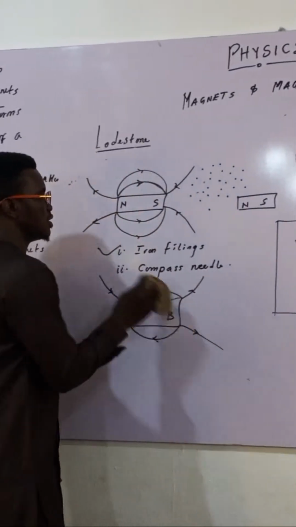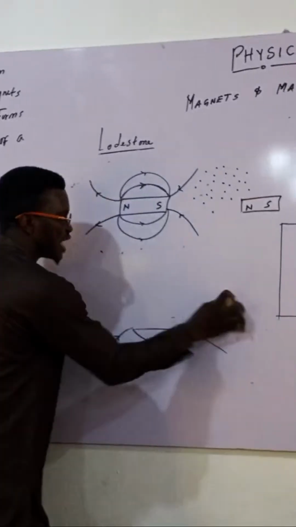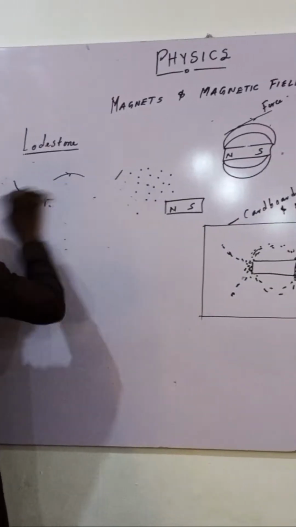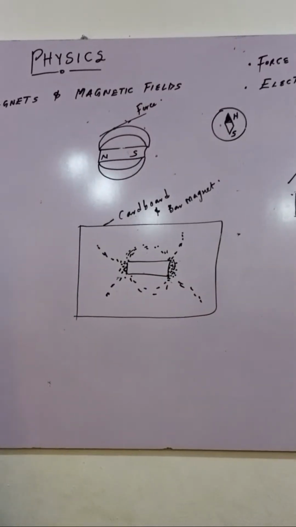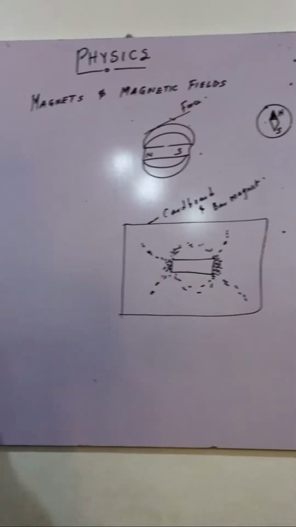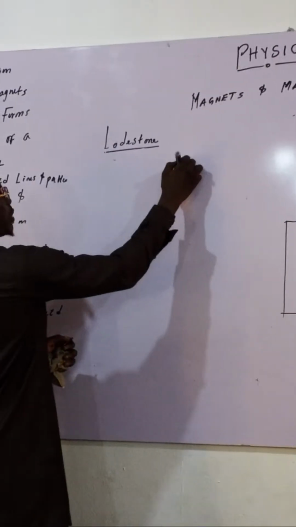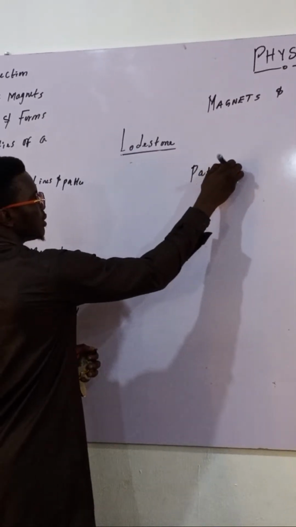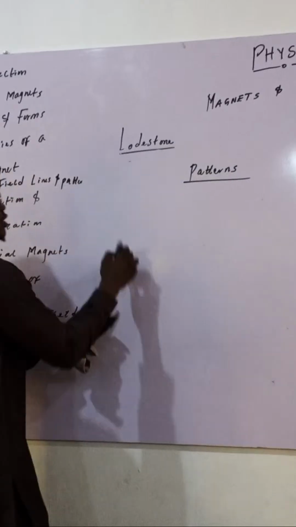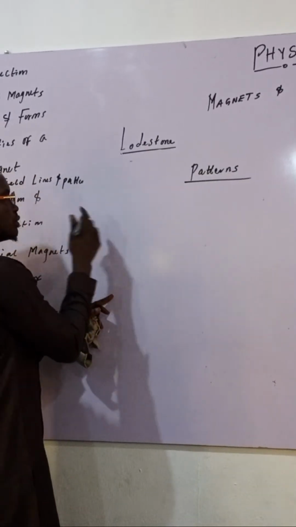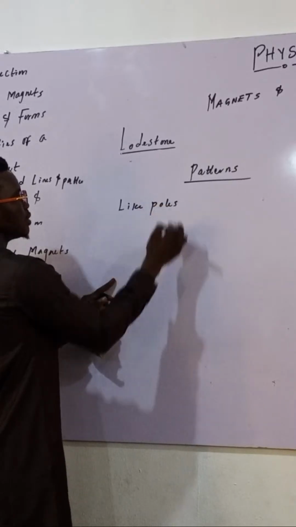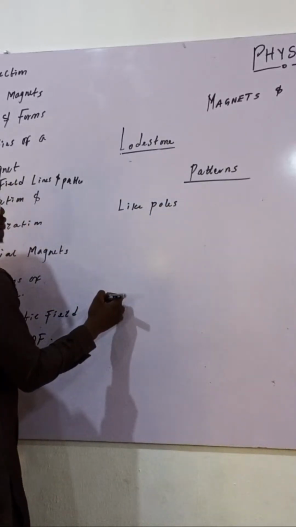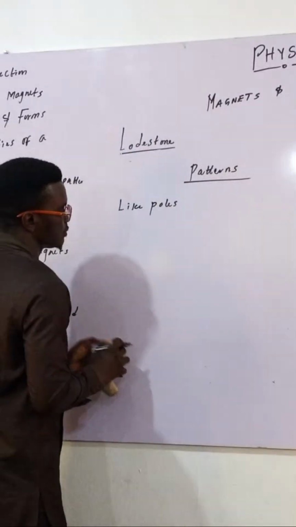Now, let's now draw the patterns before I talk about the properties. Magnetic field patterns. For like poles and unlike poles.